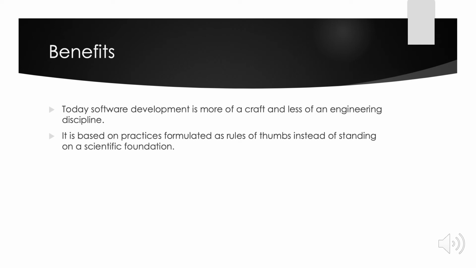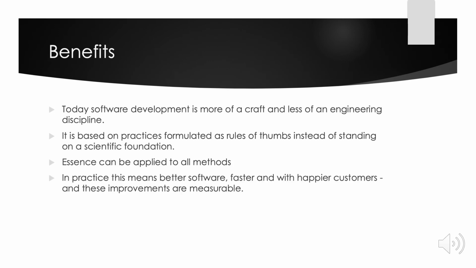And it's based on practices instead of just a scientific foundation. So they have researched the area and see that this is the best way of doing things, and it can be applied to all of the methods, so to waterfall and also to the latest agile methods.